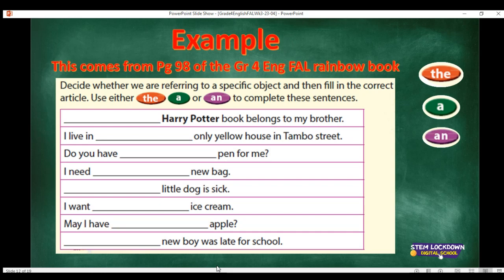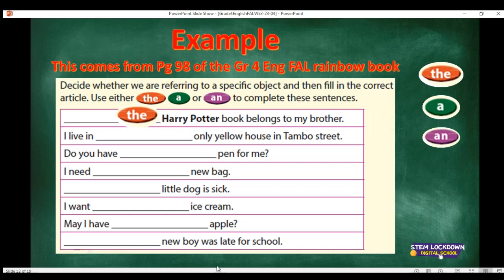So you'll see we've got, Harry Potter book belongs to my brother. So is it any Harry Potter book? No, they're talking about a specific book. So I say the Harry Potter book belongs to my brother.